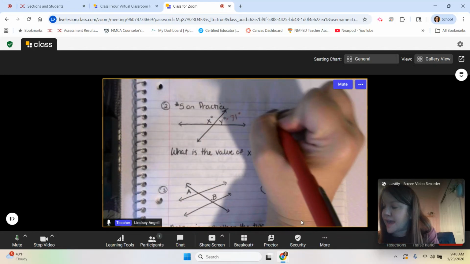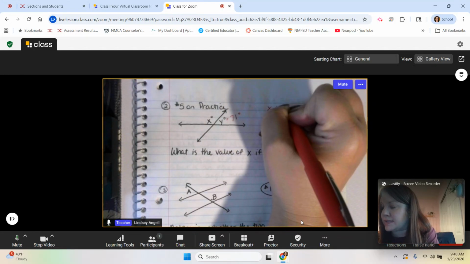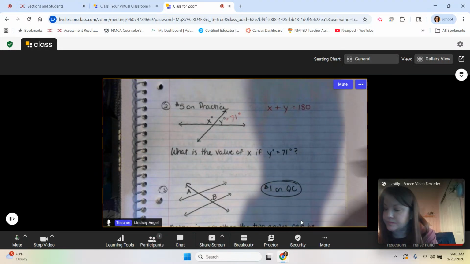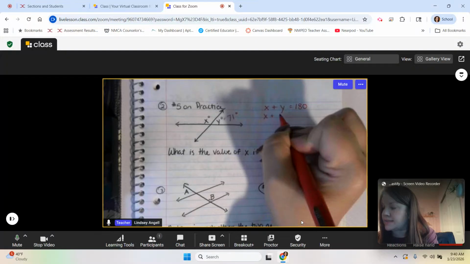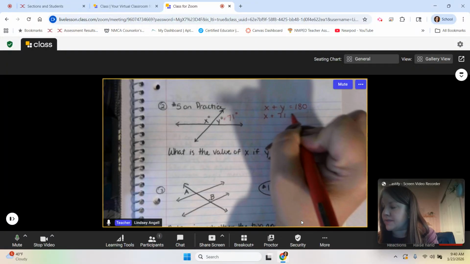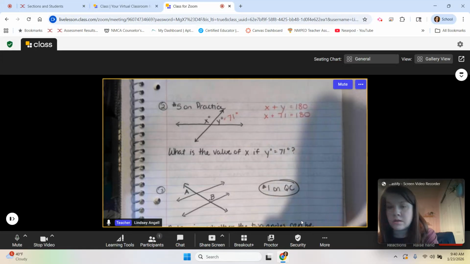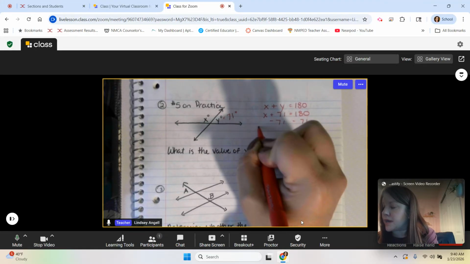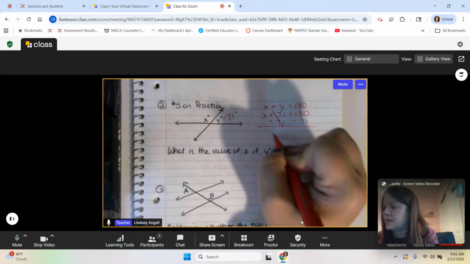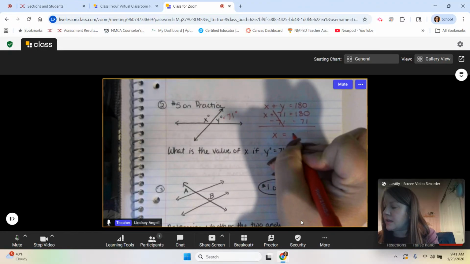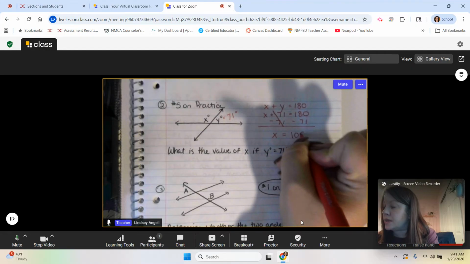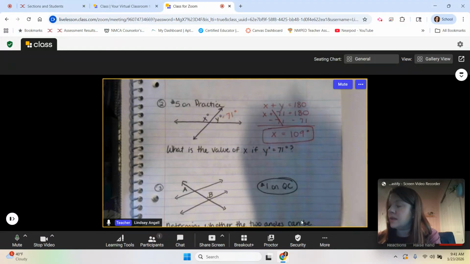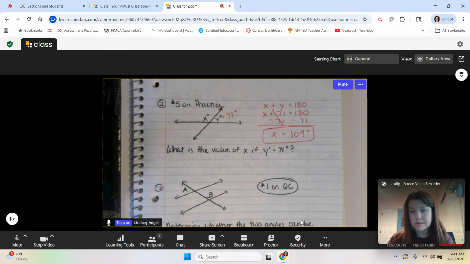So to find x, we can say x plus y equals 180. We know that y is equal to 71. To solve, you can subtract 71 from both sides. You're left with x equals 109 degrees. So that would be your final answer: x is 109 degrees.